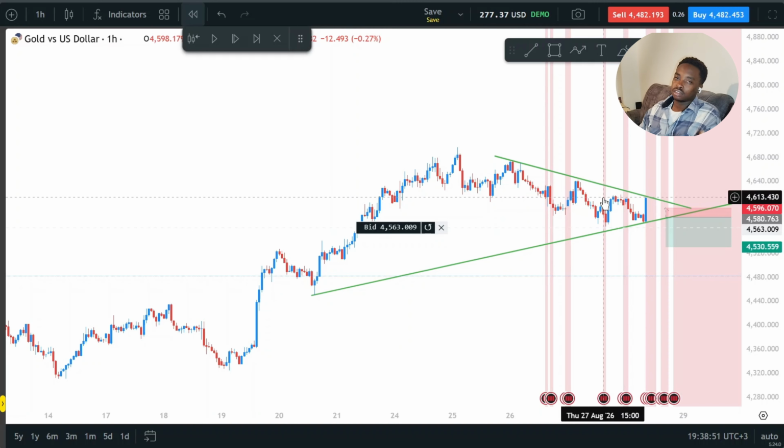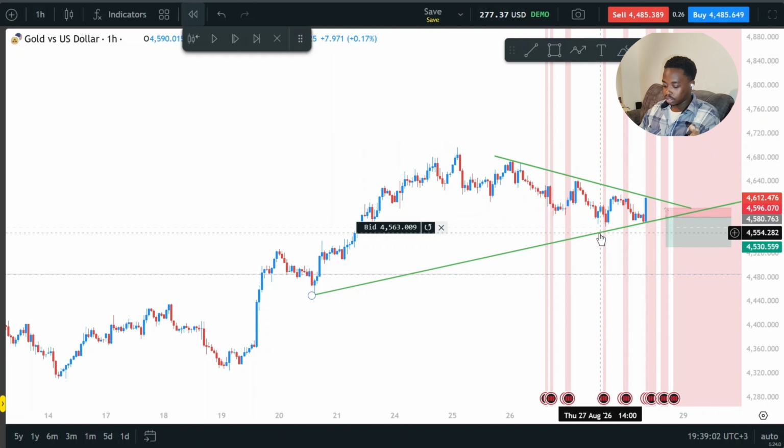It's a downtrend. If you look at it keenly, the price may seem as if it's going sideways, but it's actually a bearish trend. Okay, and the way to identify this bias is by drawing trend lines.